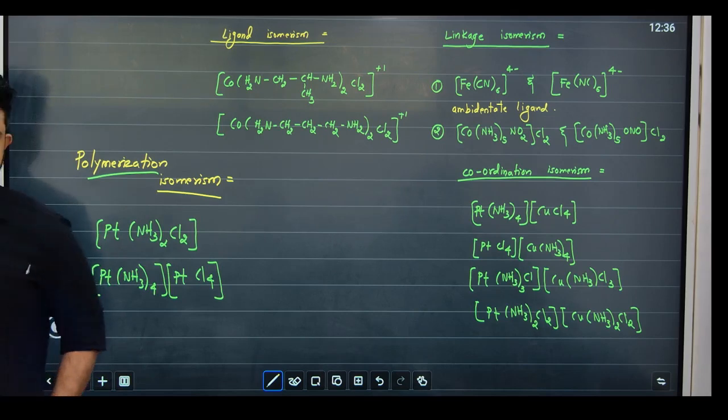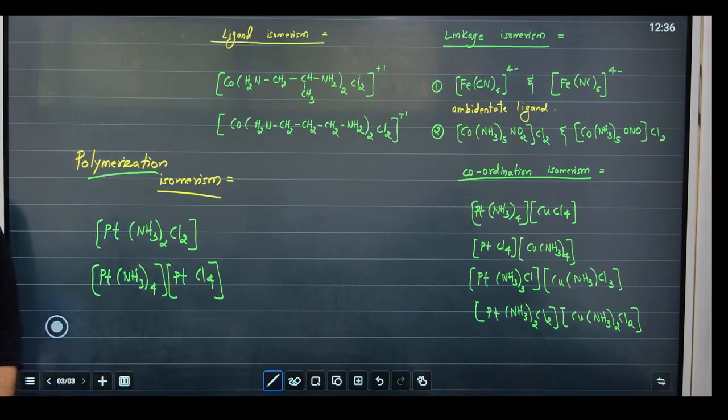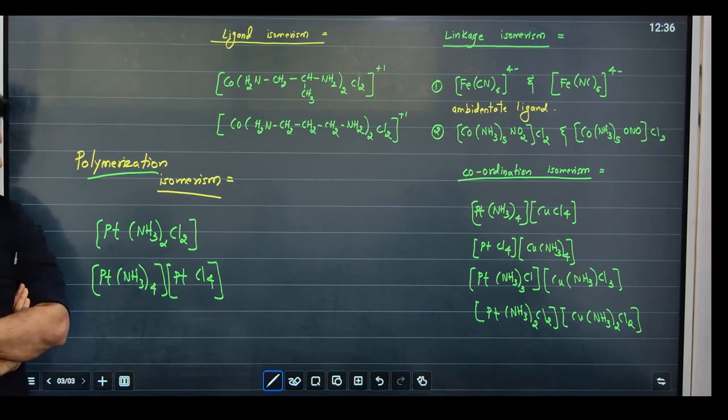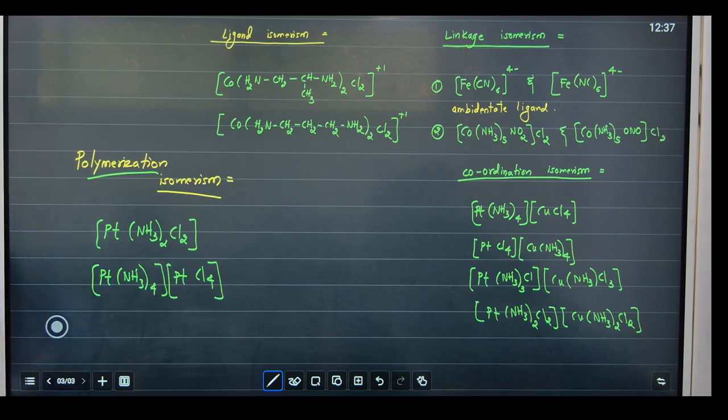Isomers having the same empirical formula. Same empirical formula. Copy the example on the board.